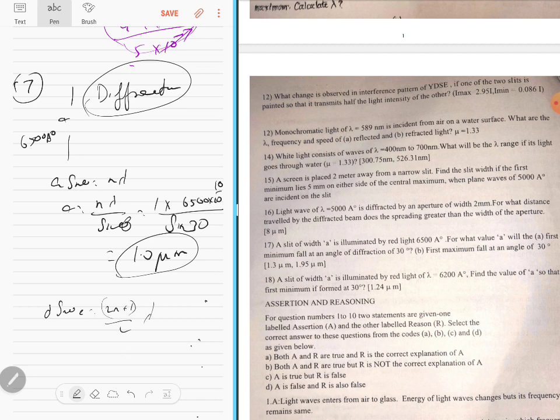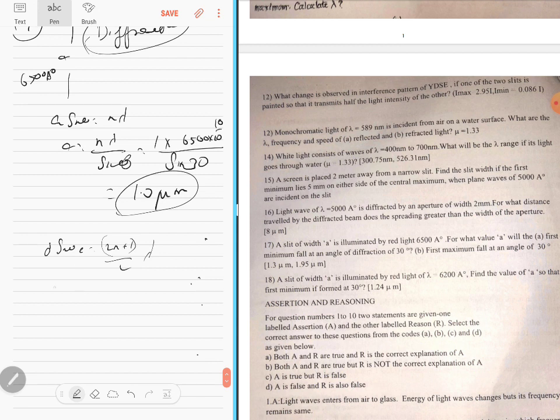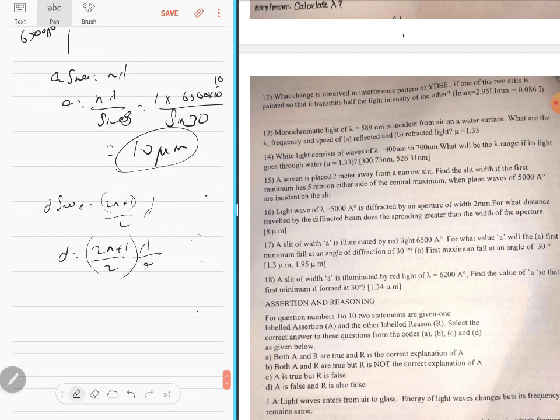I think so. Okay, I'm just going to try it. So A itself is (2n plus 1) by 2 into lambda by sin theta, in other words.